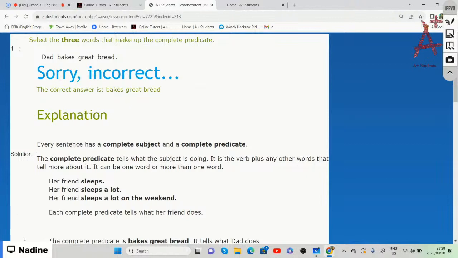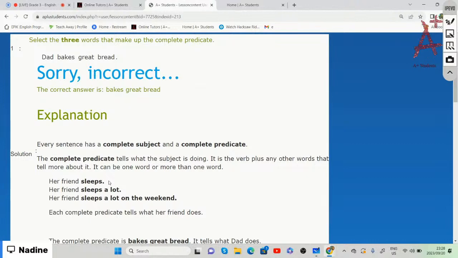For example, her friend sleeps. So what is the friend doing? Sleeps. Her friend sleeps a lot. So that is where the more than one words also come out. Sleeps a lot is our predicate.